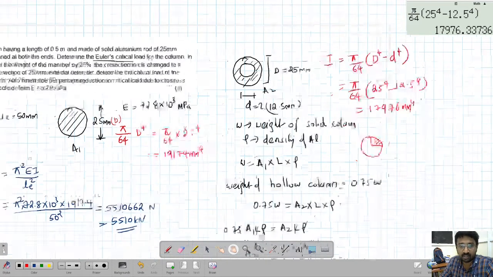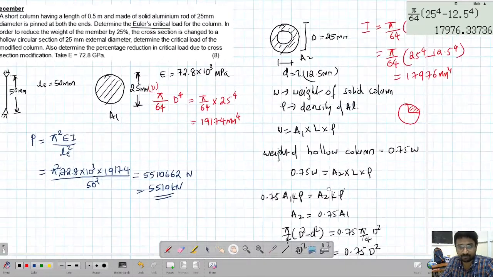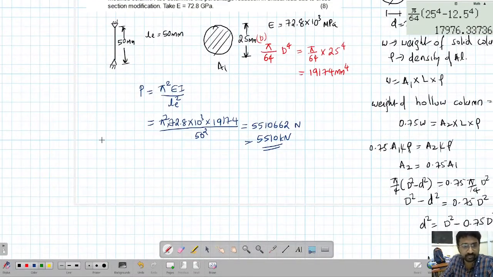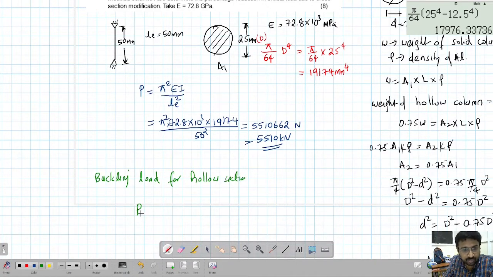Now for the hollow section, Euler's buckling load. Again the same formula. So I'll call this P hollow.